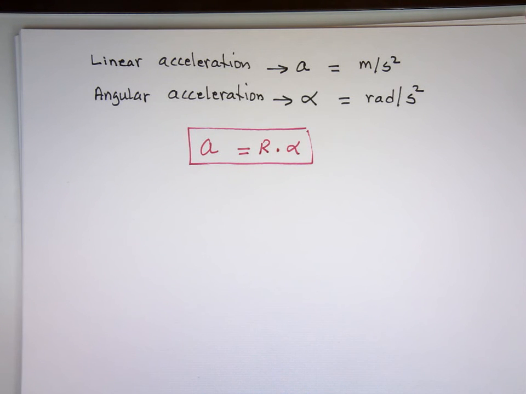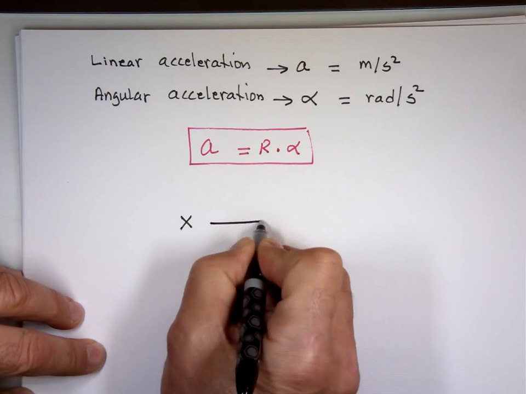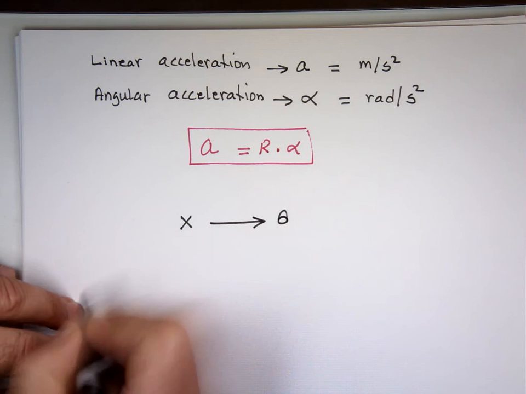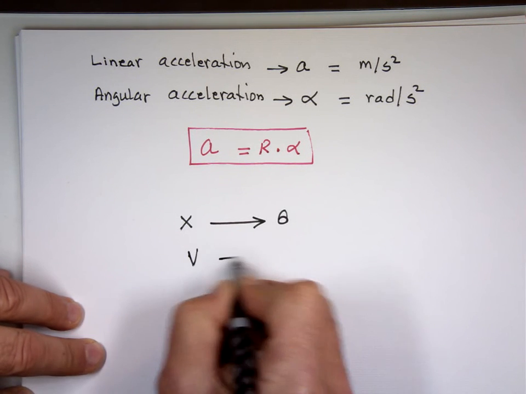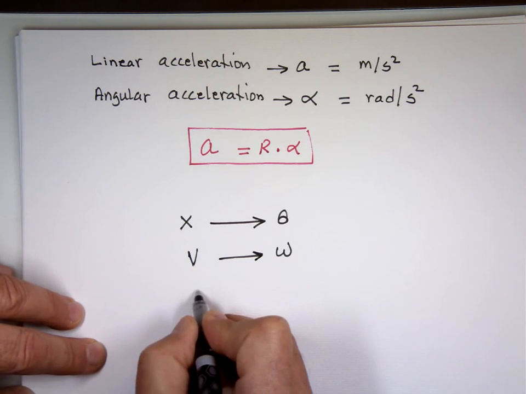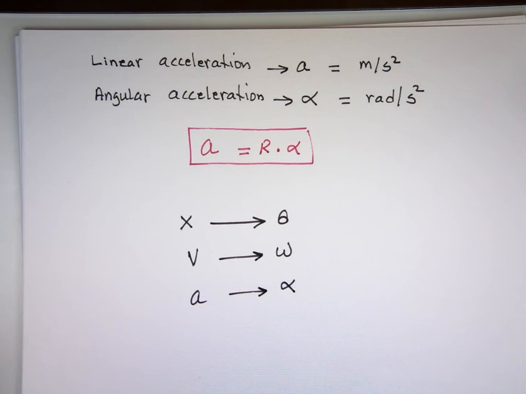So basically, a summary here. For distance, when things are spinning, going in a circle, we use what? Theta to measure the distance. For speed, velocity, we use what? W. And for acceleration, what do we use? Alpha. This is the linear here.